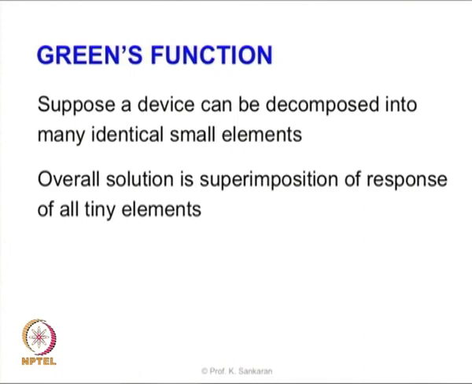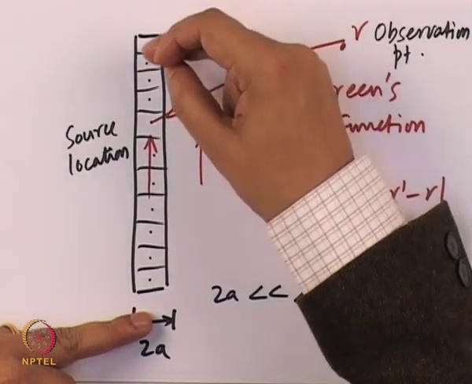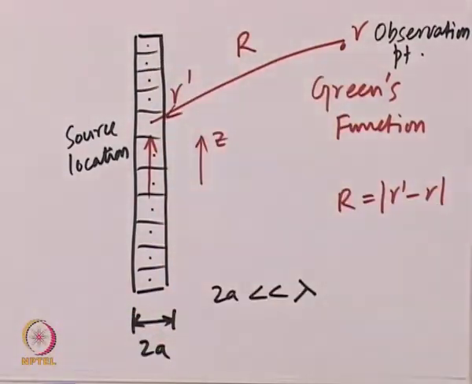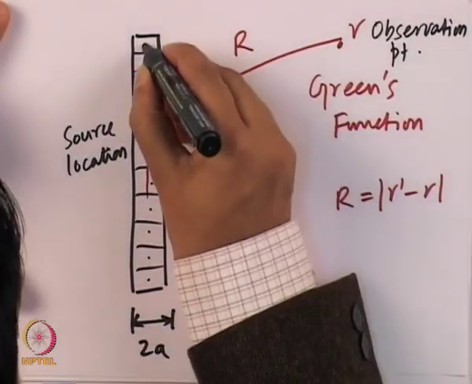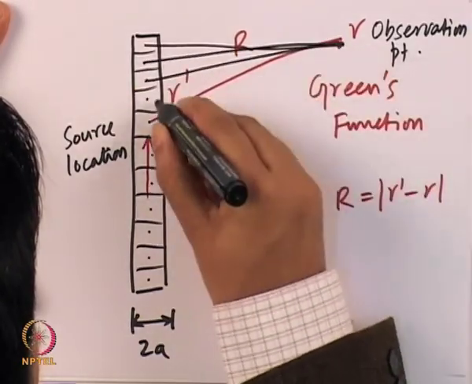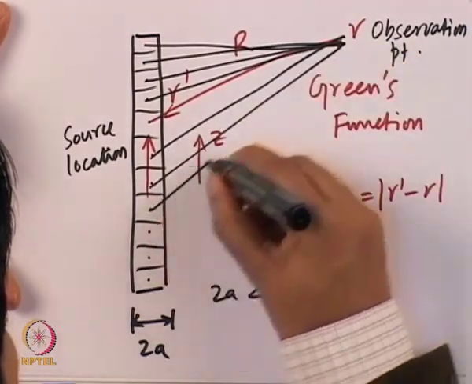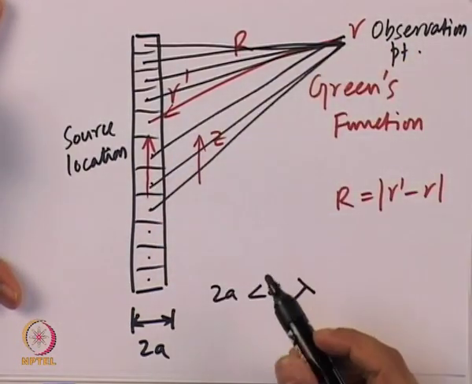and the overall solution due to this entire antenna is going to be the superposition of these individual elements. So what I will do is basically compute at this point due to the superposition of all these points. So you get the idea.